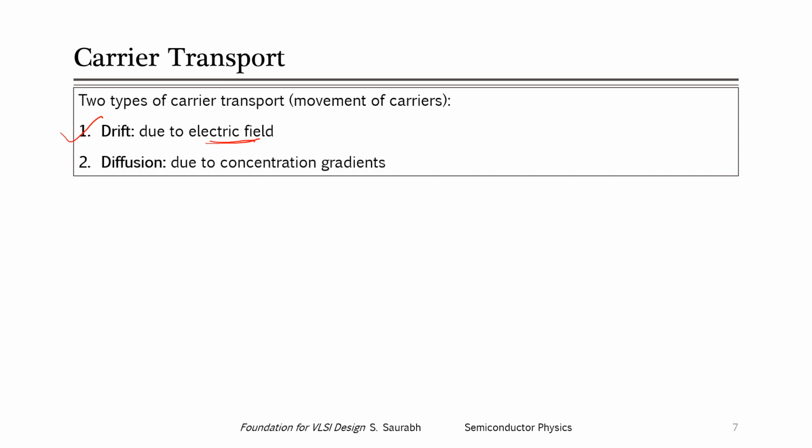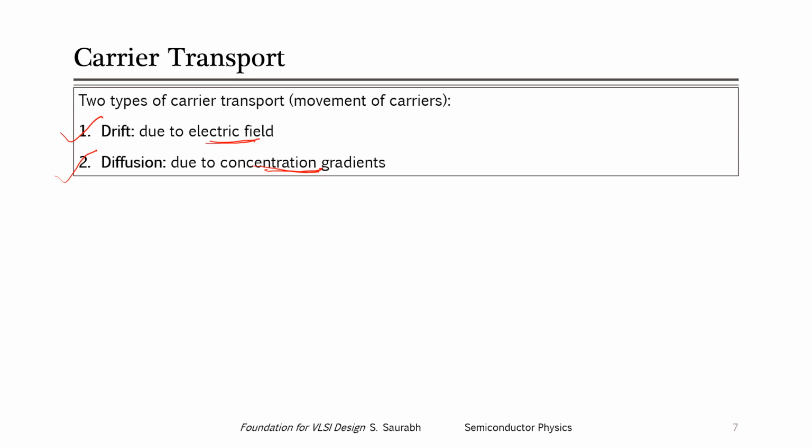The other is diffusion, and that occurs due to concentration gradient, meaning that if the electron concentration is high in some region, then on its own it will move towards a region where the concentration is low. Because of the concentration gradient, there is a carrier transport, and this mechanism is known as diffusion.